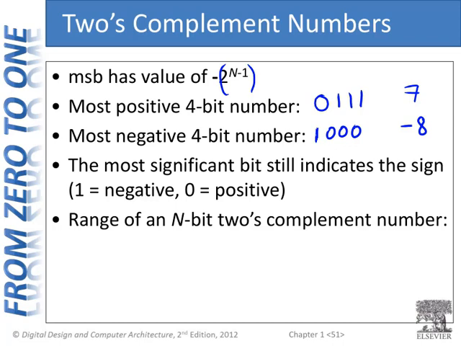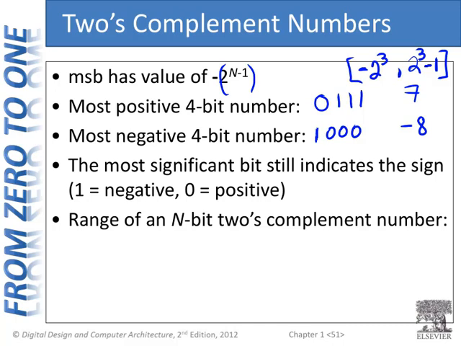And we can think about the range of an n-bit 2's complement number. The range for the 4-bit number was 7 as the most positive number, which is 2 to the 3 minus 1. The most negative number was minus 2 to the 3.